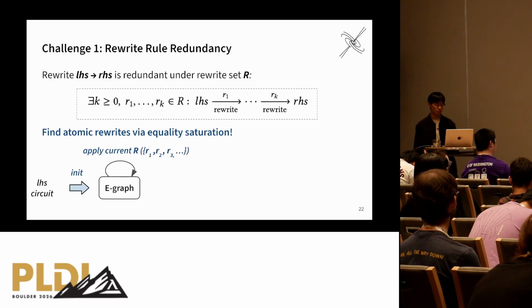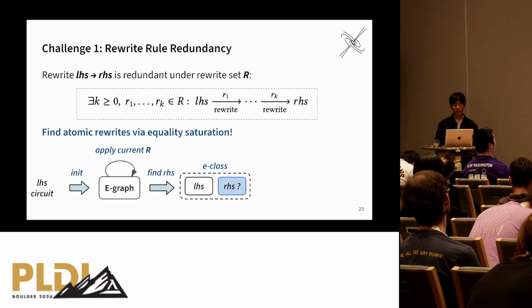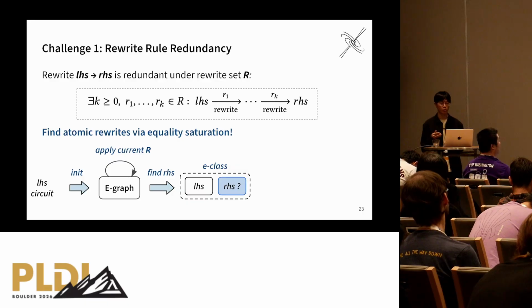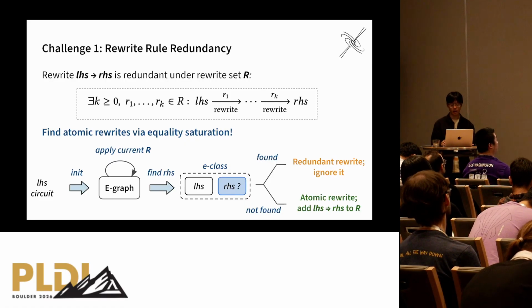Given a left-hand side term, we apply the atomic rewrites we have found so far to saturate the left-hand side term. If the right-hand side term is also found in the E-class, that means we can find an equivalent combination of the rewrite trace from the left-hand side to the right-hand side. Therefore, this rewrite can be safely reduced without any degradation of optimization capability. If it is not found, this atomic rewrite is added to the current atomic rewrite set.